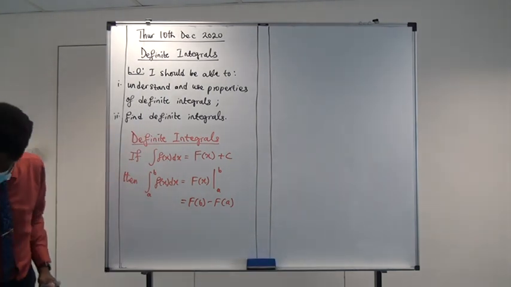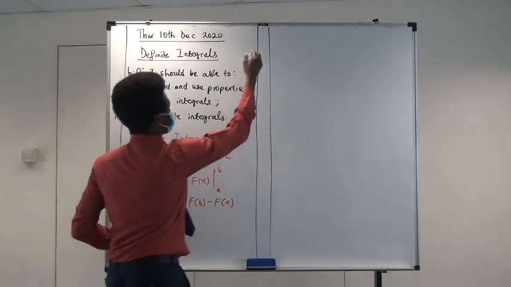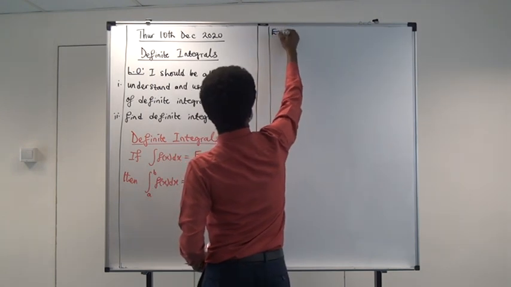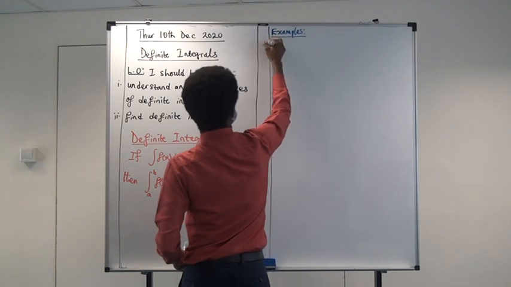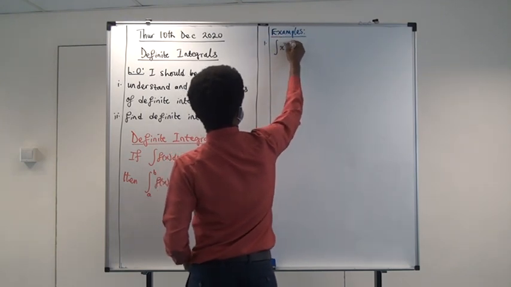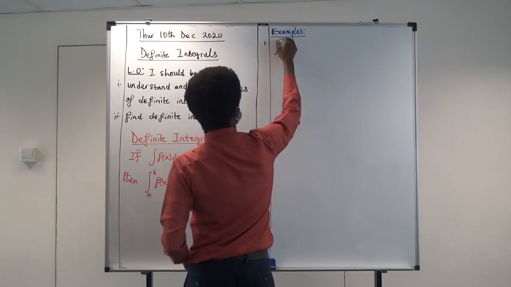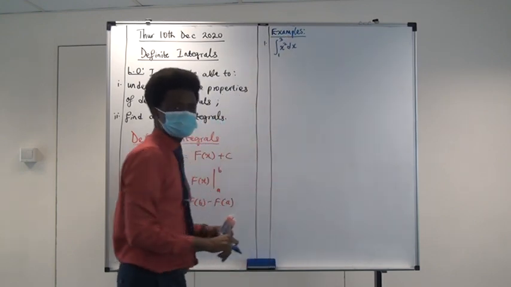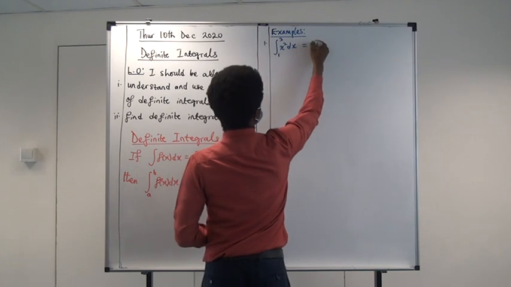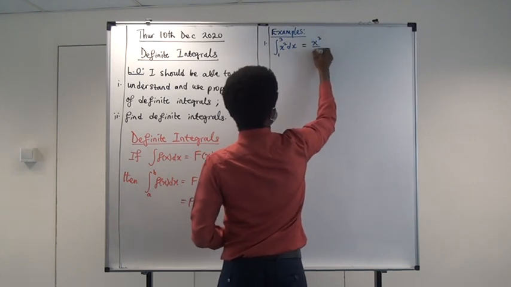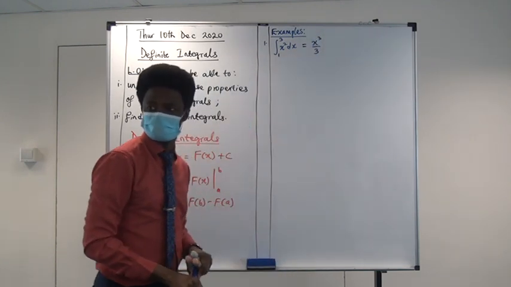Question 1. Let's consider the integral of x squared dx, maybe between 1 and 3. First, integrate, you get x cubed divided by 3. Right?